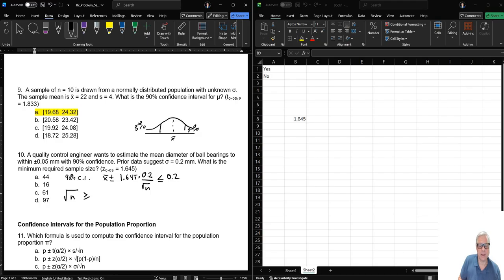Okay, so the n, put that on this side, and I divide and I put that on the other side. And actually I made a mistake. Hold on. Prior data suggests, oh, this is not 0.2, this is supposed to be 0.05.